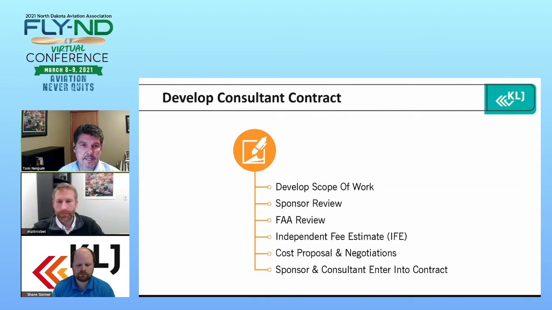Once that's done, the next step will be moved to an independent fee estimate. So for projects where the fees are over $100,000 in value, the airport sponsor will go out and get an independent consultant, somebody that didn't try for the 5-year selection for your airport, to give an independent fee estimate of what it really takes.